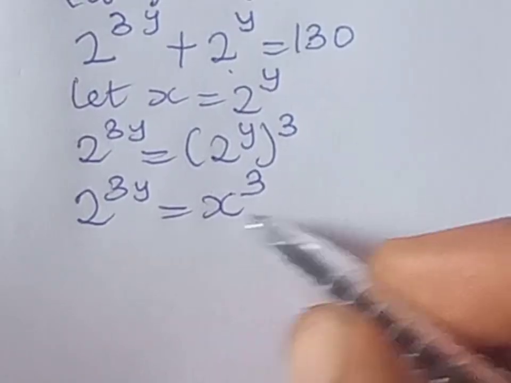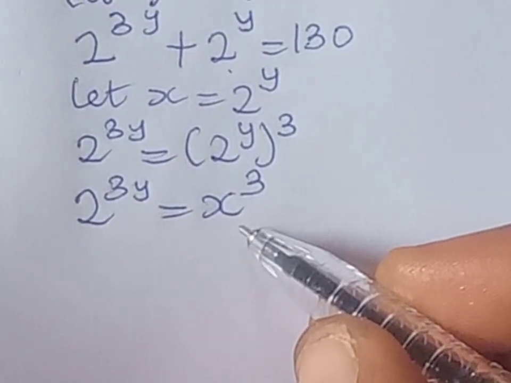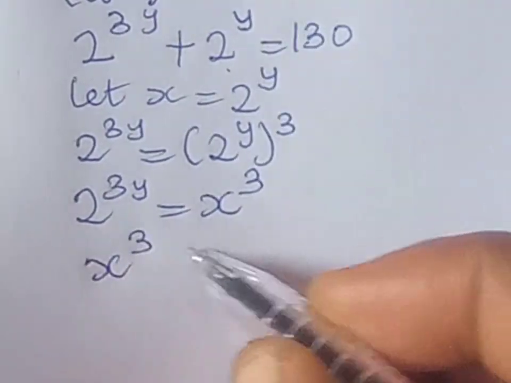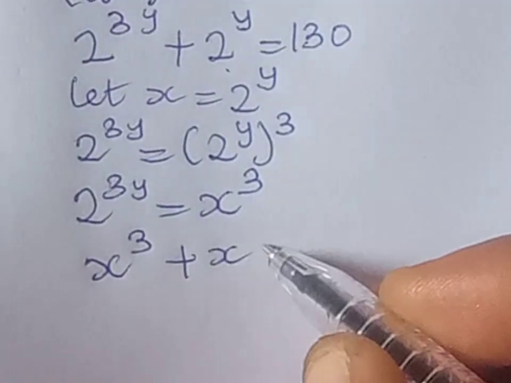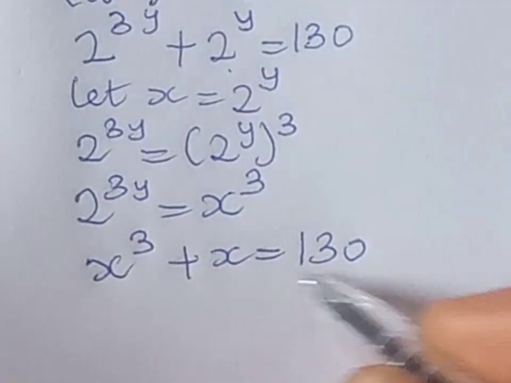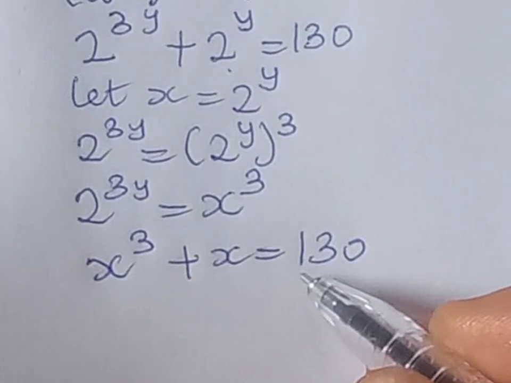Now let's substitute this into the equation. So the equation becomes x cubed plus x equals 130. Now this makes the equation much easier.